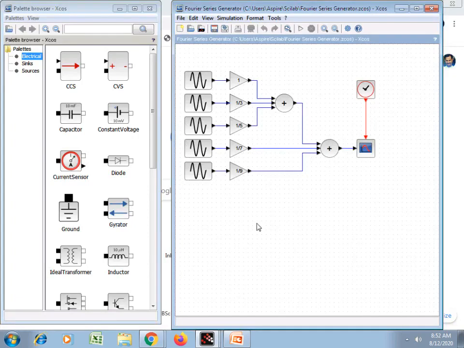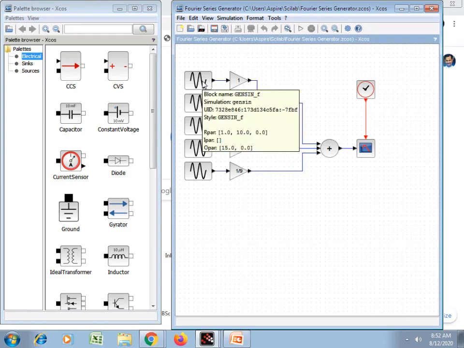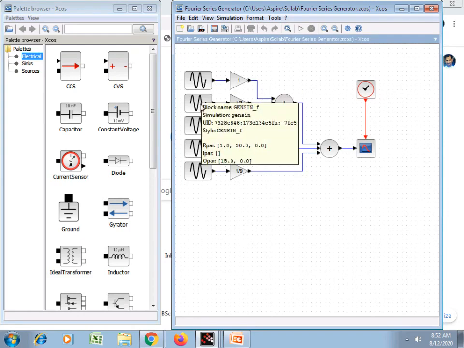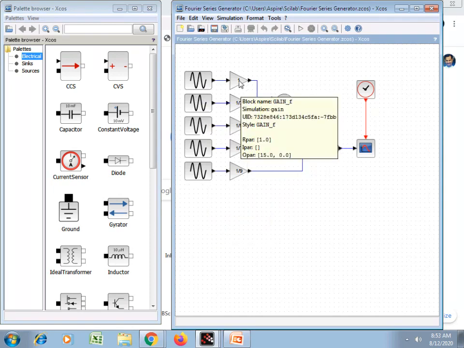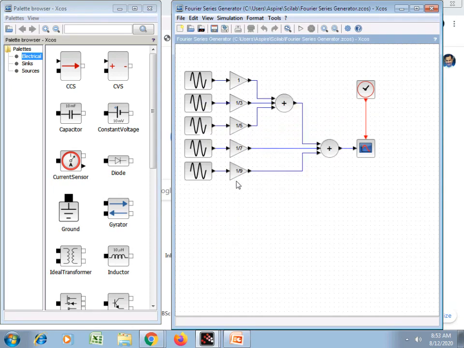In this diagram I have used some mathematical blocks. This is a sine wave generator, and these are the gain blocks. With this we can adjust the amplitudes of the sine waves.